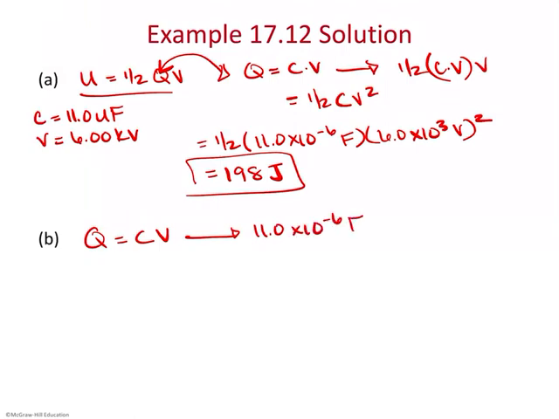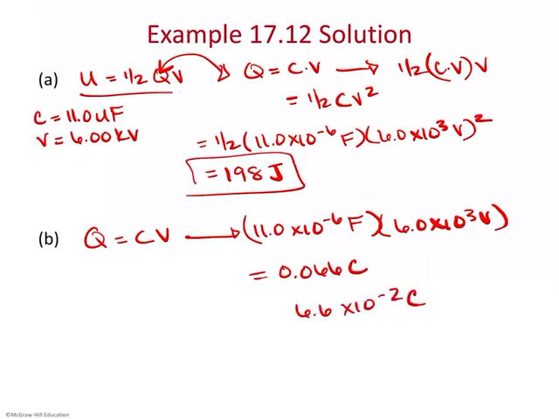So we have 11 times 10 to the negative 6th farads times the voltage, which is 6 times 10 to the third volts, which is 0.06 coulombs. Or you could say 6.6 times 10 to the negative second coulombs. Or you could say 66 microcoulombs. However you want to go about it.